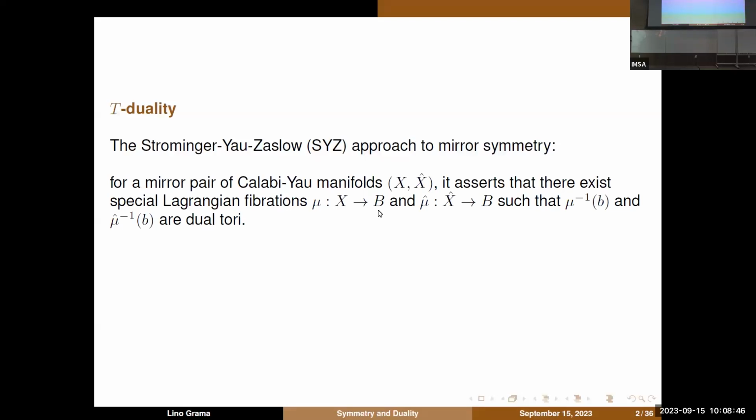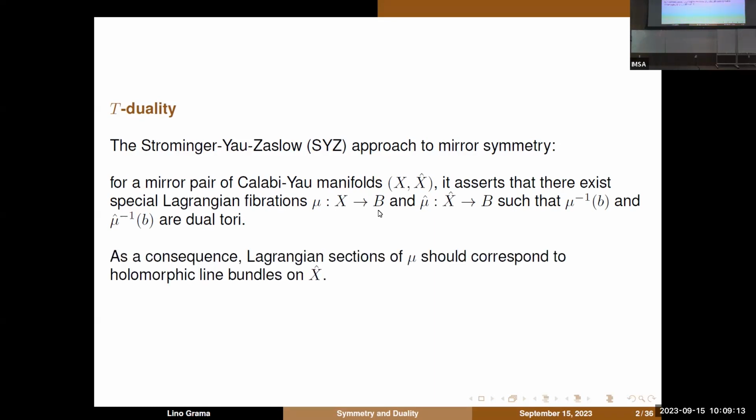What is, in short, the SYZ approach to mirror symmetry? We start with a mirror pair of Calabi-Yau manifolds, and we consider special Lagrangian fibrations, pi and pi hat, over the same base. X and X hat will be dual if these fibrations have torus fibers that are dual to one another, a dual torus.